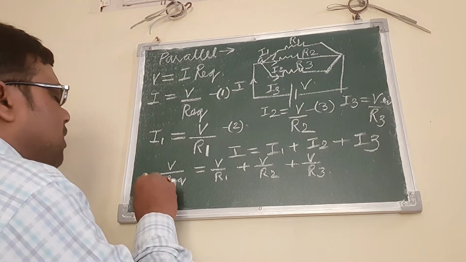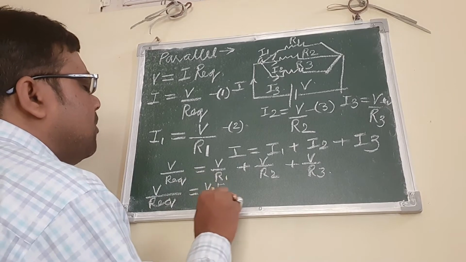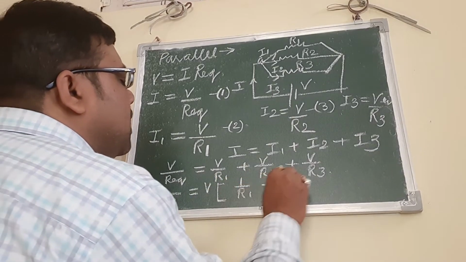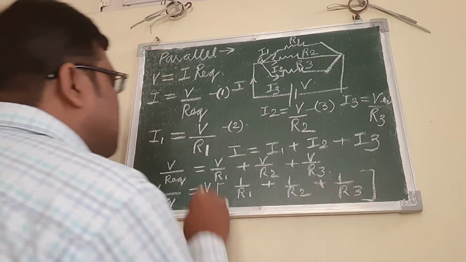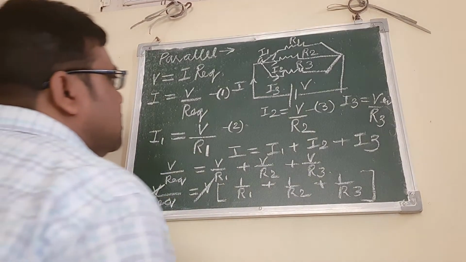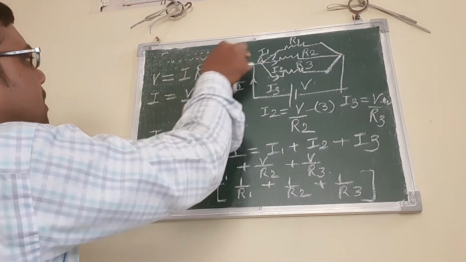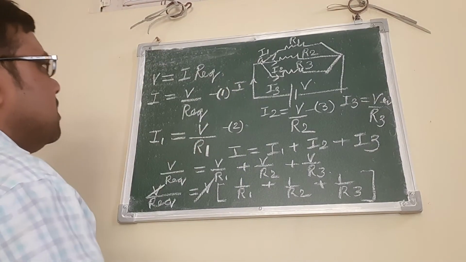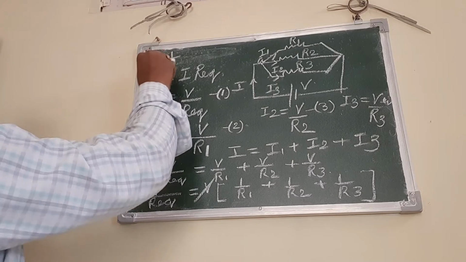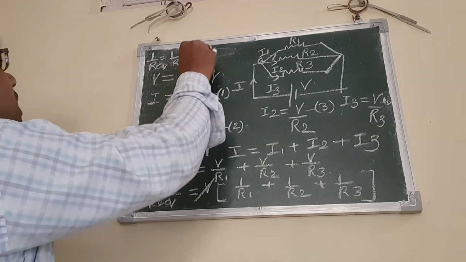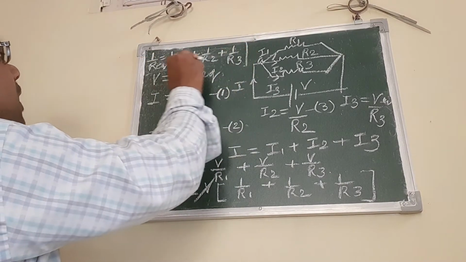Taking V common, V upon R equivalent equal to V times 1 upon R1 plus 1 upon R2 plus 1 upon R3. V and V get cancelled. So it will be 1 upon R equivalent equal to 1 upon R1 plus 1 upon R2 plus 1 upon R3. So this is our formula.